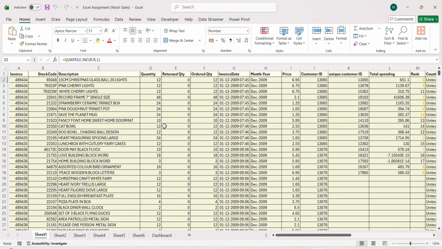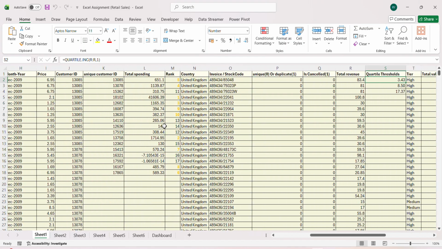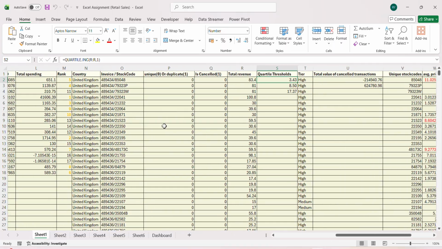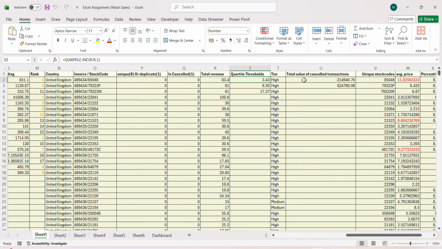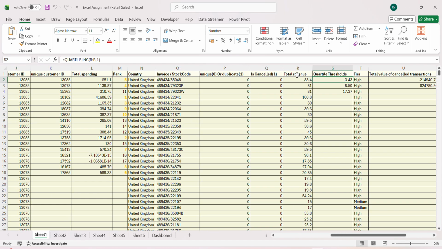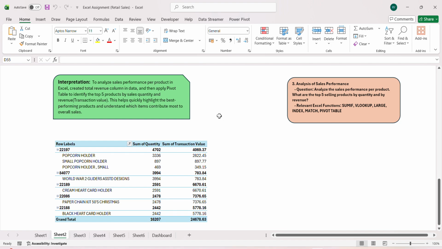Here we have the column of transaction value, or we can say total revenue. This helps quickly highlight the best performing products and understand which items contribute most to our sales.